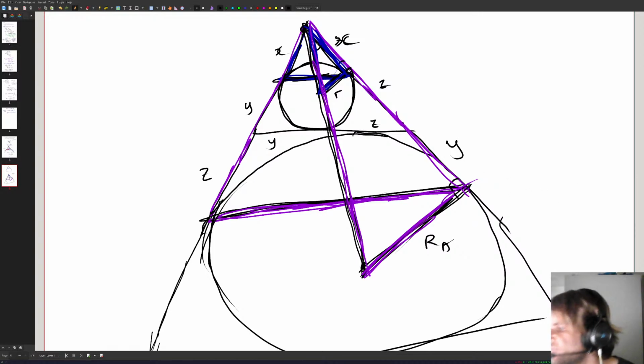These are 90 degrees because the radius is perpendicular to the tangent, and they've got this common angle up there, so they've got two angles equal, so they're similar. And we know what this ratio is. We know then that R over RA is equal to x over x plus y plus z.